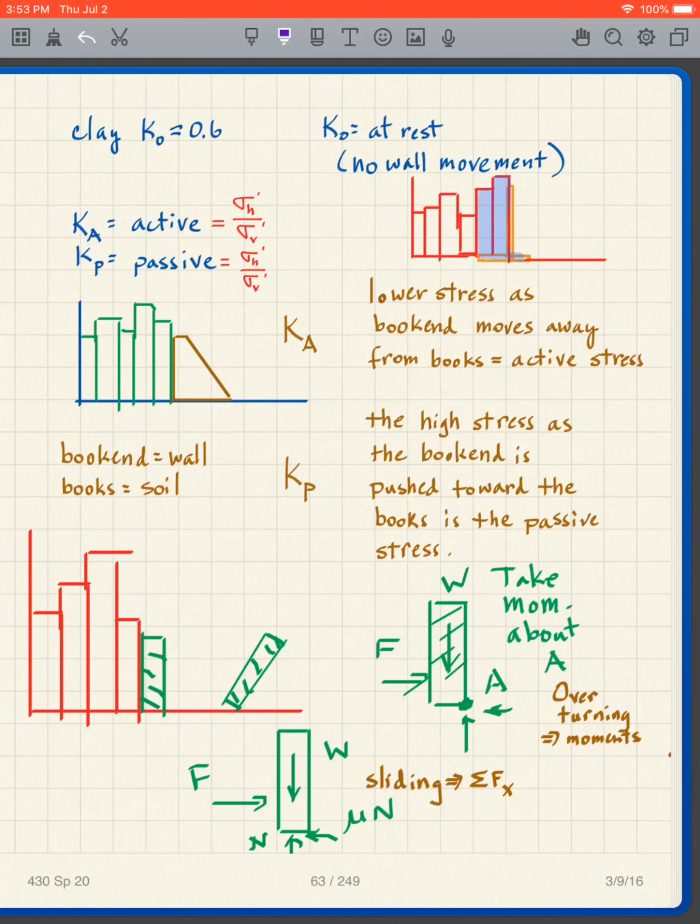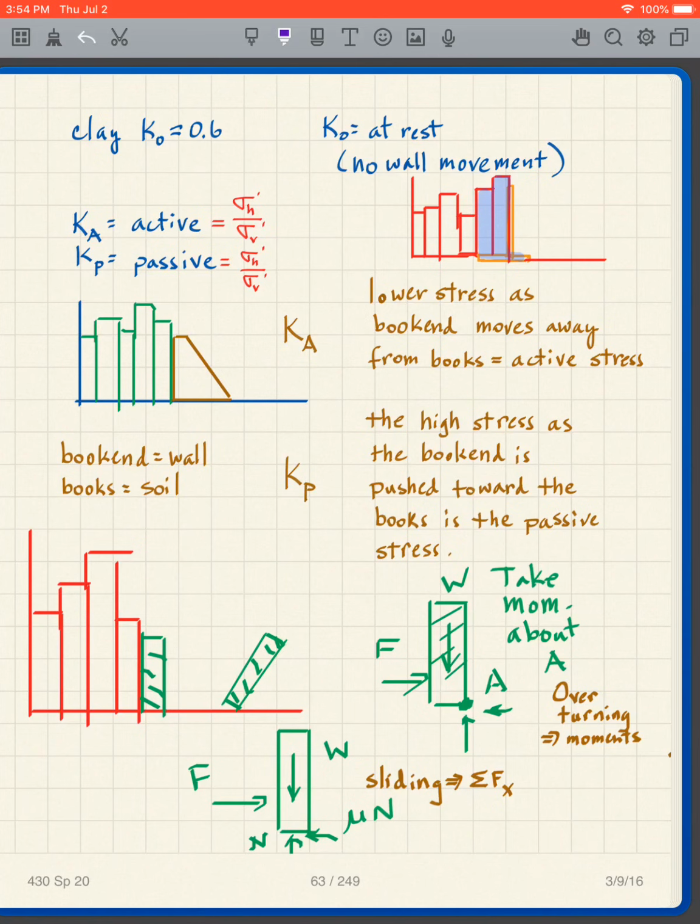Because we have to generate friction at the base of this. If there's no friction there, then these books are simply going to push that bookend out of the way. So the way to get the friction is what?